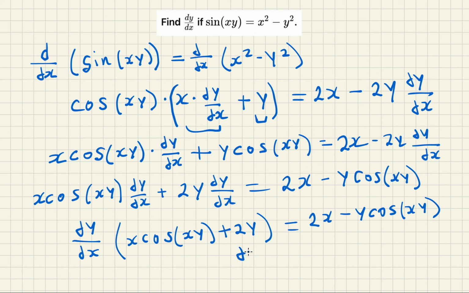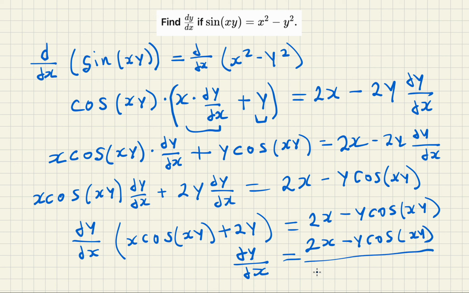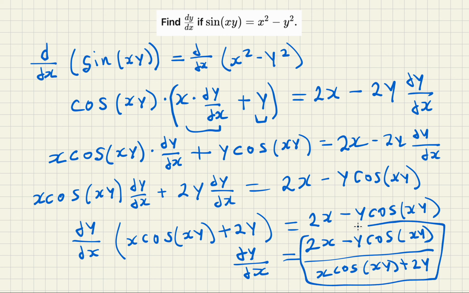And now we can finally isolate dy over dx by dividing both sides by x cosine xy plus 2y. So that gives us this equation. And that is our answer for this question.